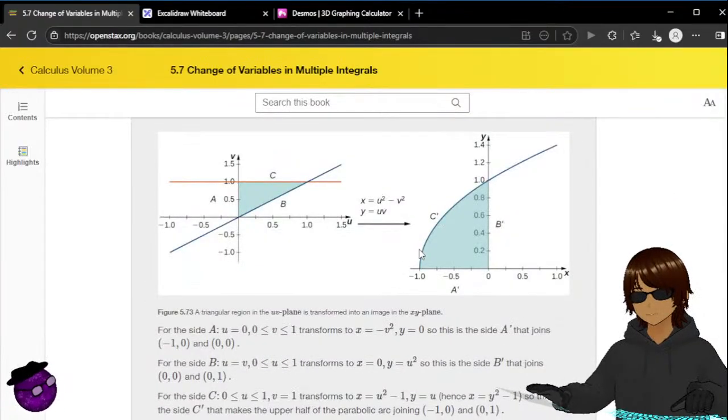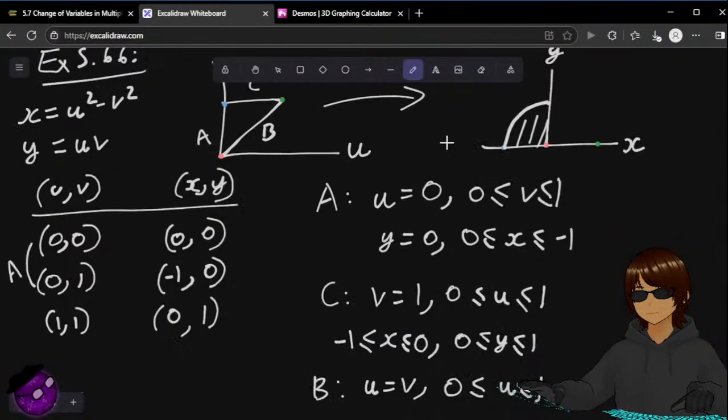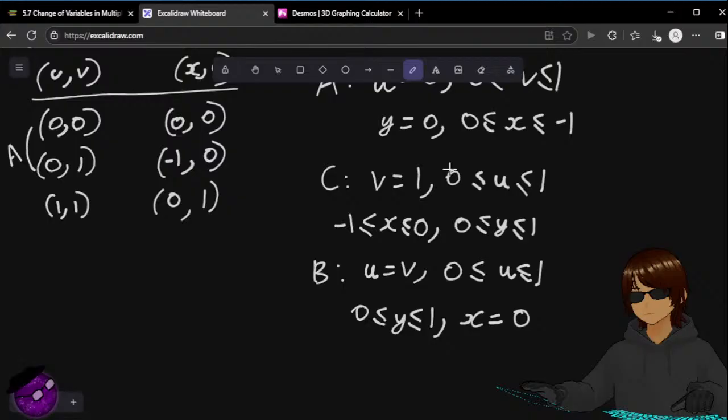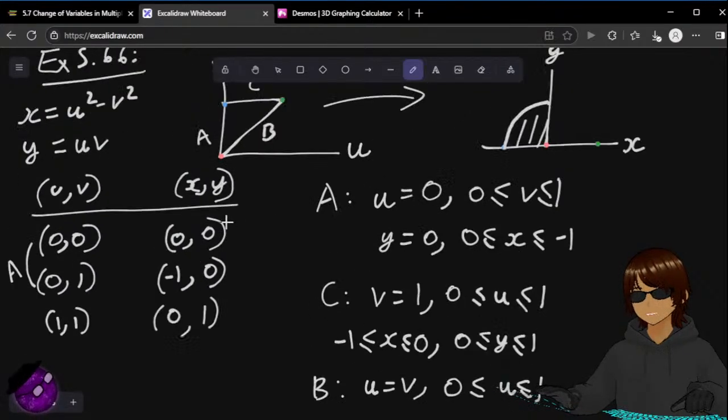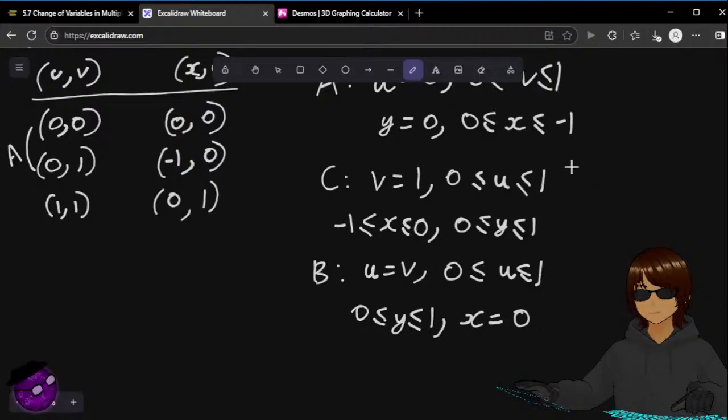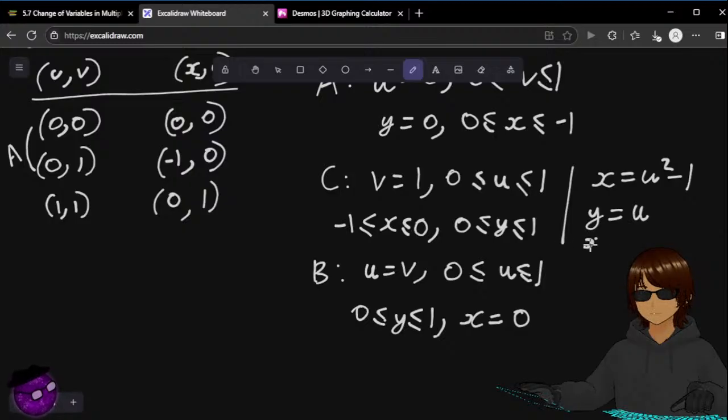But how would you explain this though? v is 1, so x is u squared minus 1. y is just u, so x is y squared minus 1. y is equal to root of x plus 1.